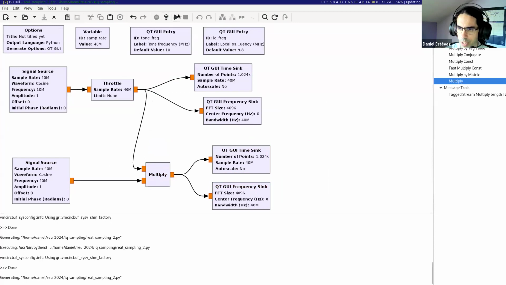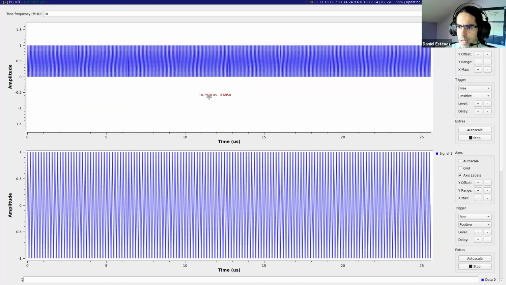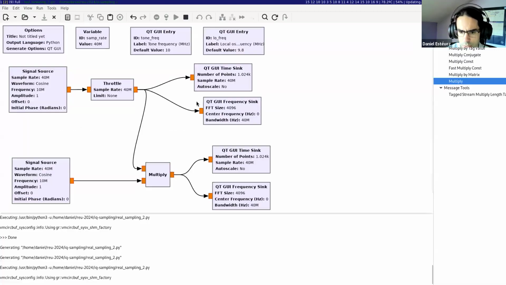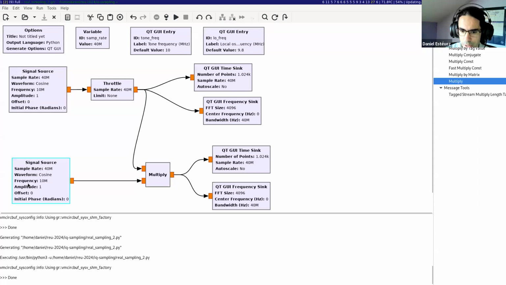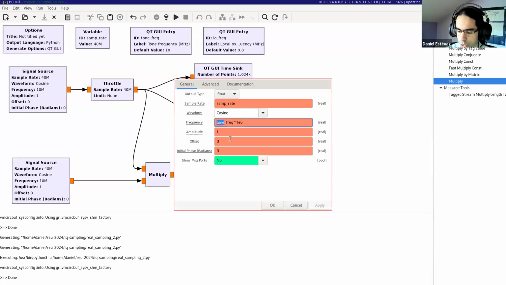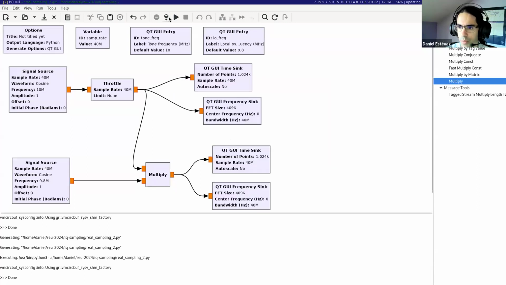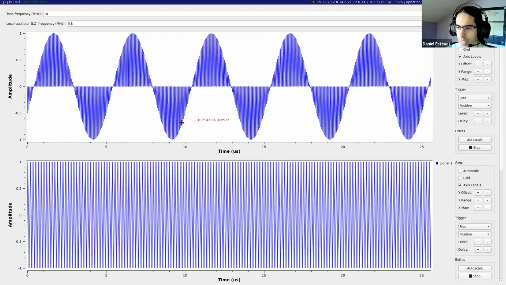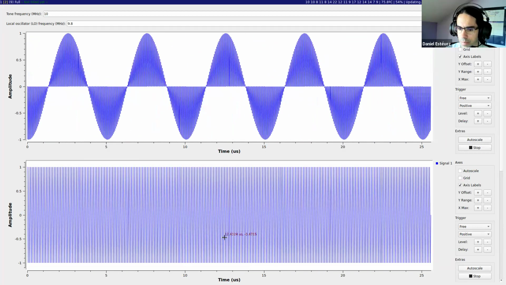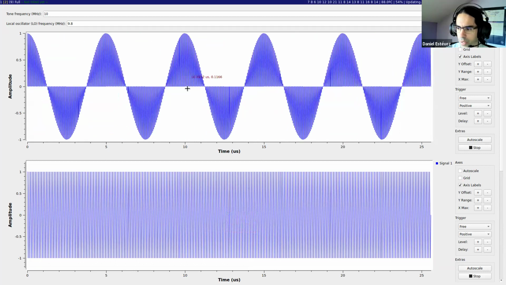So let's run this. If some of you remember the trigonometric formulas, do I have something wrong? Yes, the frequency here, I forgot to set it to LO frequency. So yeah, now it looks better. Let me stop it.